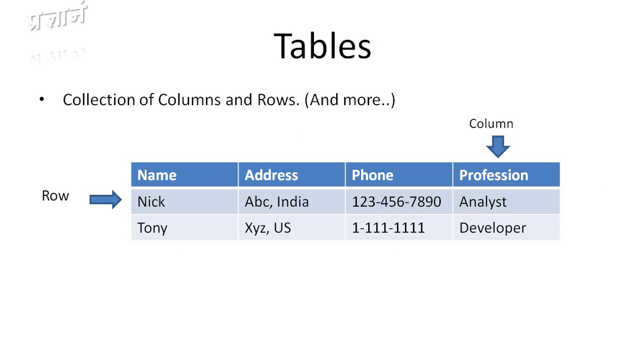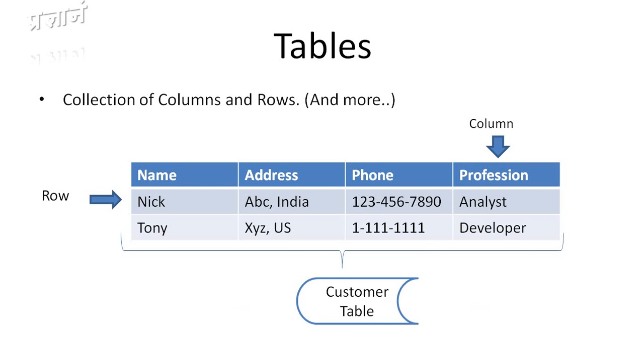The columns define what type of data is going to be there, and rows give the actual data. So there are going to be one or more rows in this table, right? This whole structure, these columns and rows, is called a table, and we give a name to a table. So here let's say we call it a customer table.